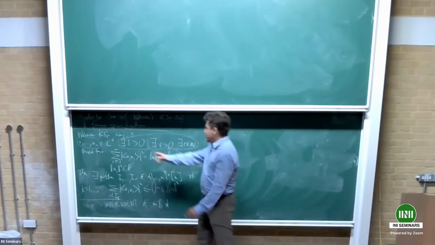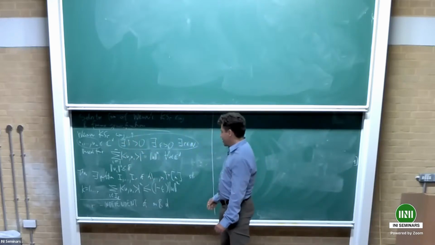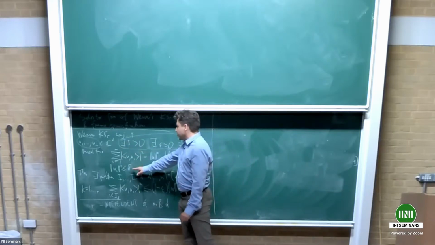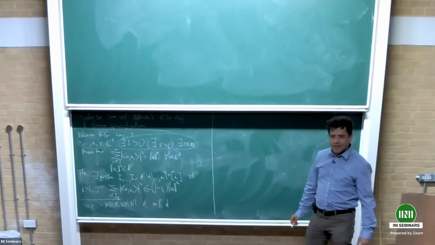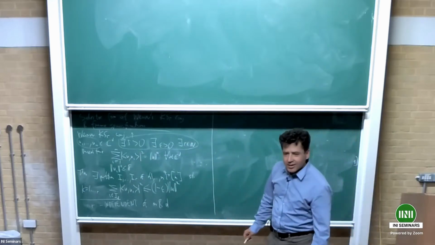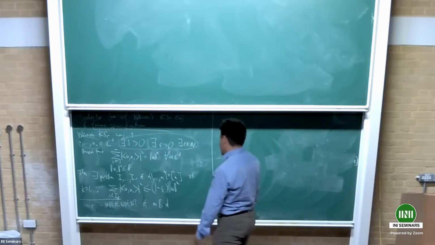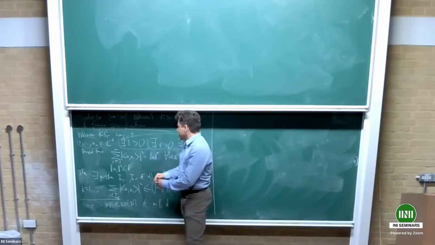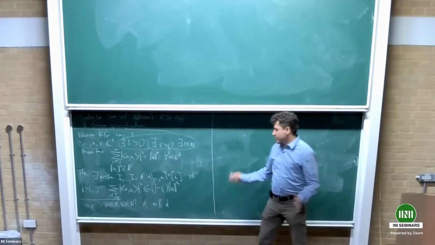Yes, exactly, there is delta. I'm not saying for every delta. Of course, delta will have to be smaller than 1, usually delta has to be less than 1 for this to be meaningful.